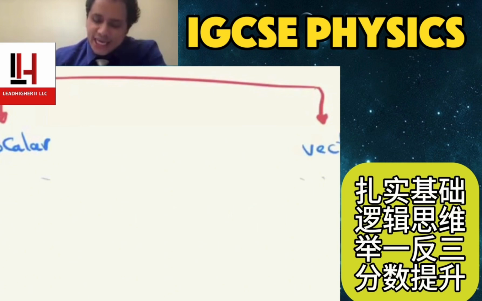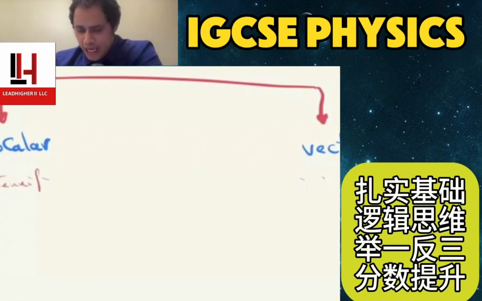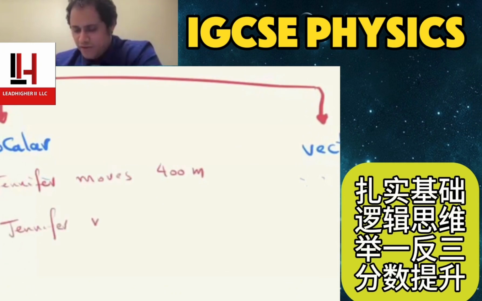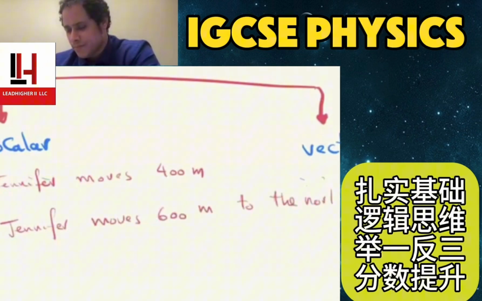So a scalar is what? If I say Jennifer moves 400 meters, and at the same time I say Jennifer moves 600 meters to the north, I'm asking you guys, what is the difference between the first example and the second one?